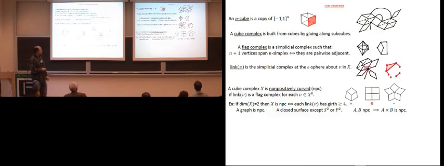Now, the link of a 0-cube inside of a cube complex, I'm looking at this 0-cube right over here, its link is the simplicial complex which corresponds to a kind of epsilon sphere around it. Okay?